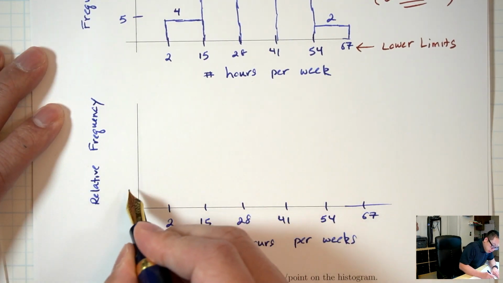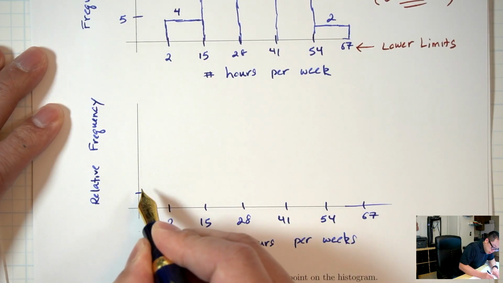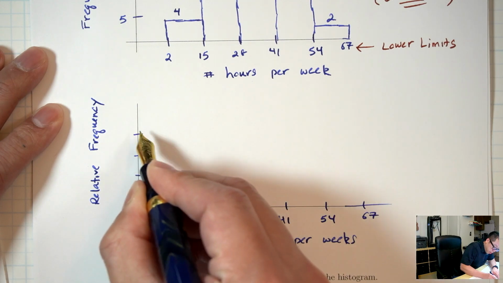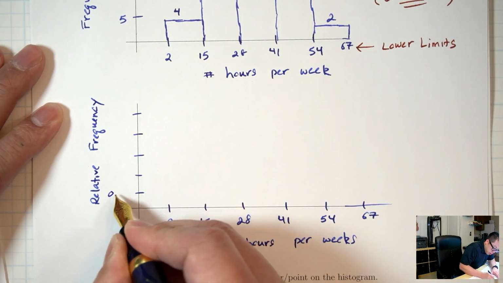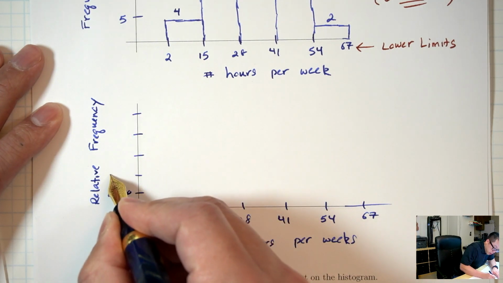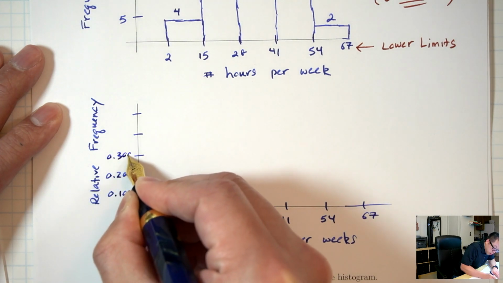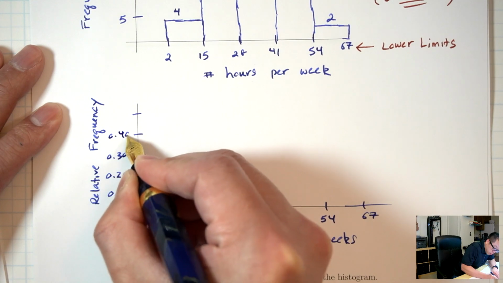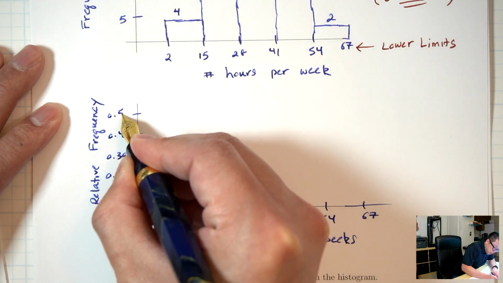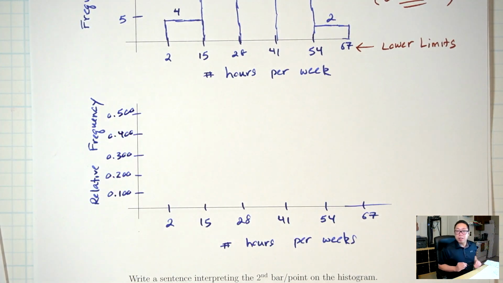So I'll do this as 0.100, 0.200, 0.300, 0.400, 0.500. And I think that's all I need there.